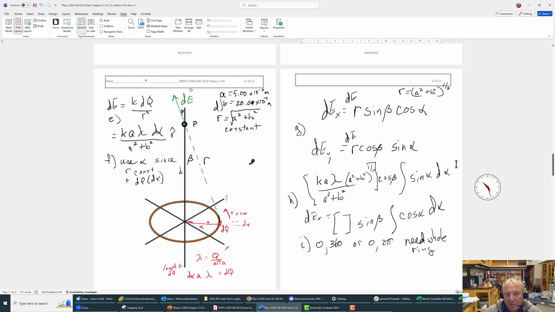Oh, goodness gracious, I made a mistake here. It's not that terrible. This is just a z component, and I've got to pause this. Two mistakes. Where's Mr. Cursor? Okay.